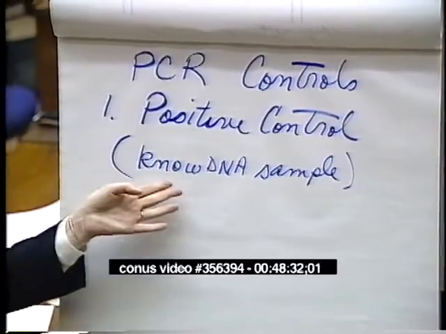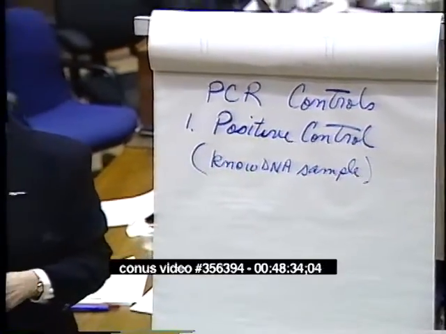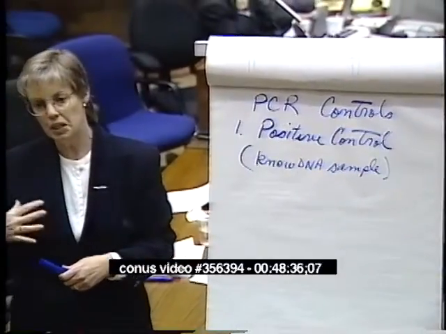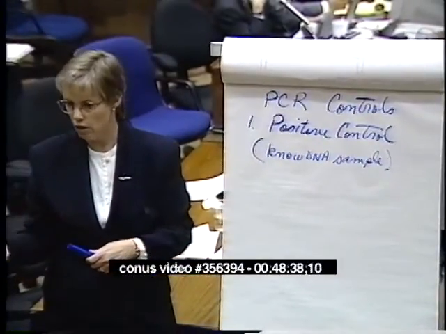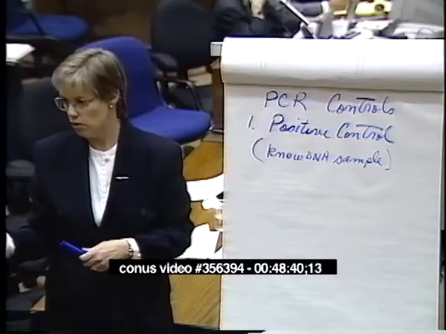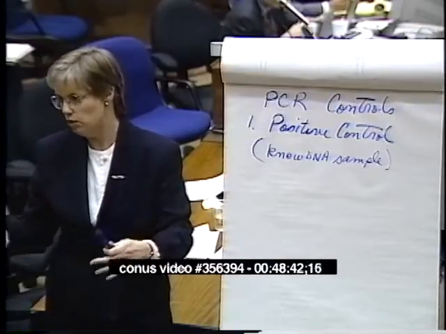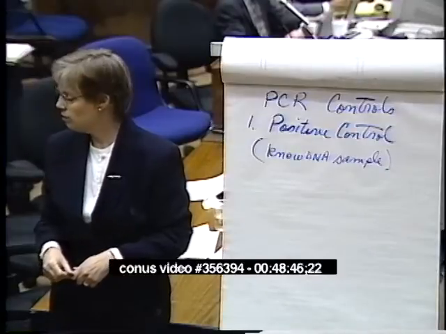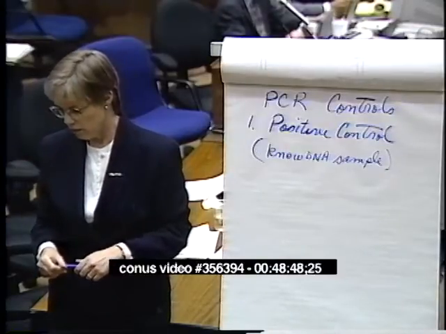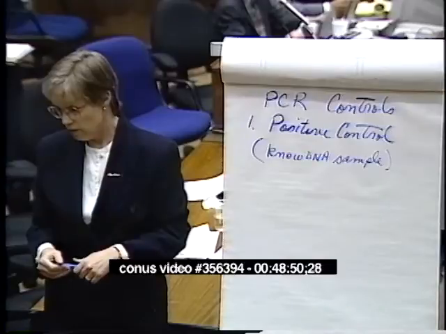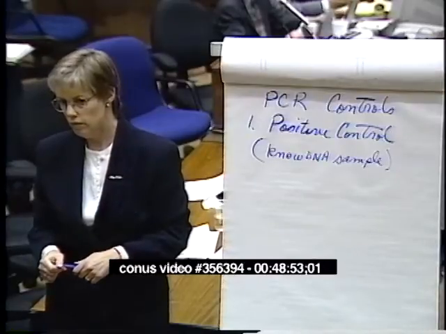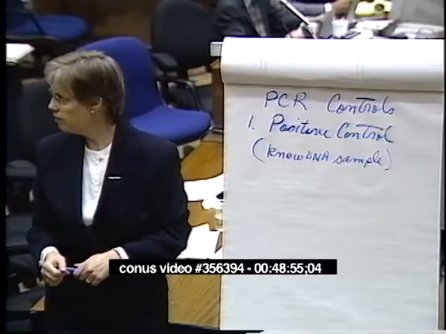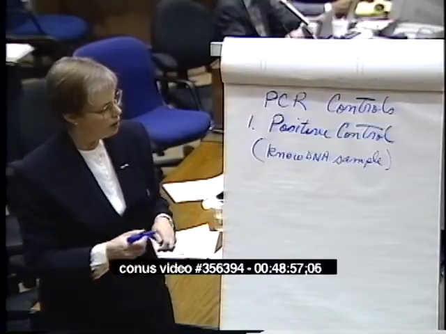If the types in that known sample do not come out as they should, it would be an indication that something had gone wrong in that analysis step, in the series of steps that you've used. In other words, you know what the type of that positive control is, and if you don't detect that type at the actual portion of the test where you determine types, then you know something has gone wrong. That's right. All right, what was the second type of control that you described?